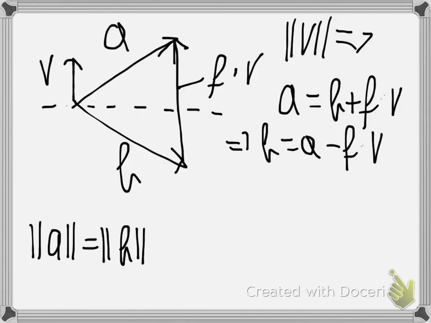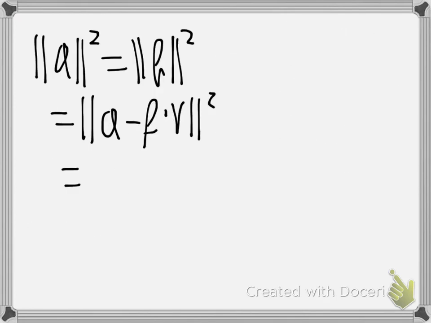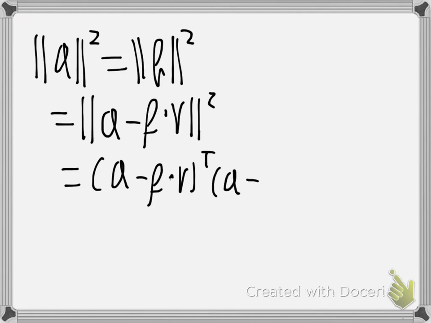And we can write it with matrix notation. This is A minus F times V transpose times A minus F times V.